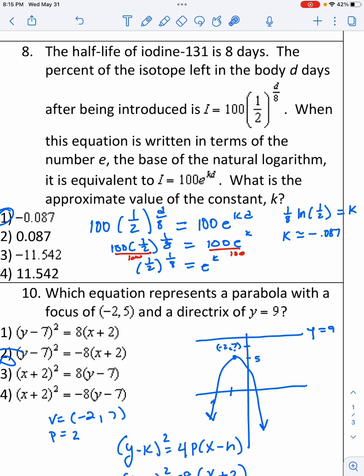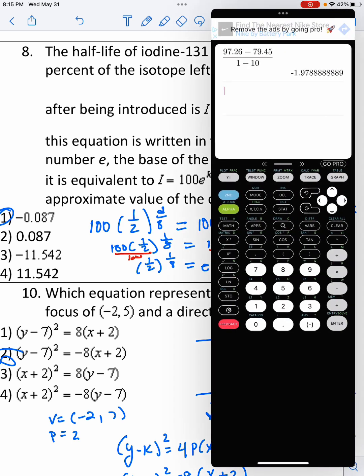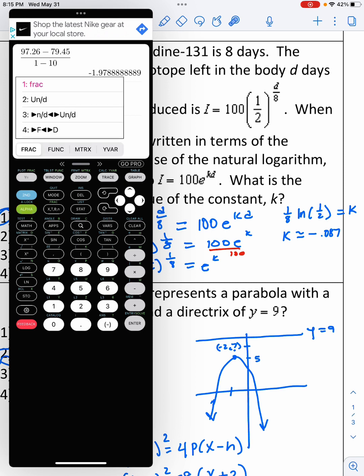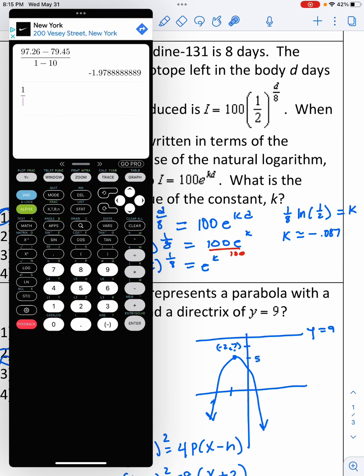And since it's an e, we're going to use the natural log. Okay, so as you can see, if I put in my calculator 1/8 ln of 0.5, we're going to get roughly negative 0.08, rounded to the 7.